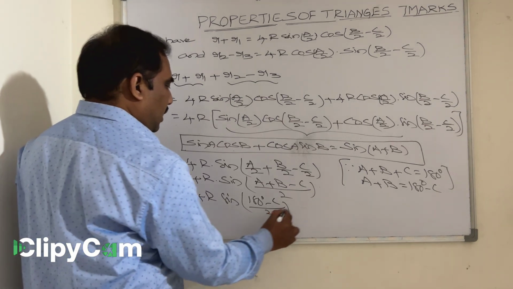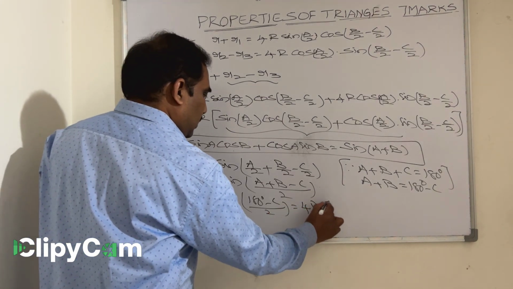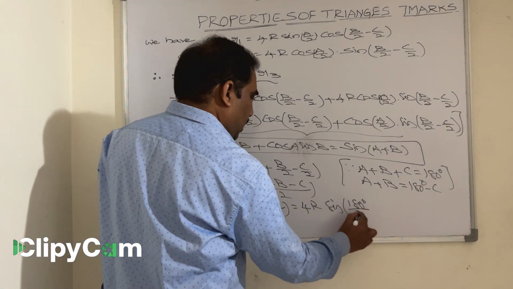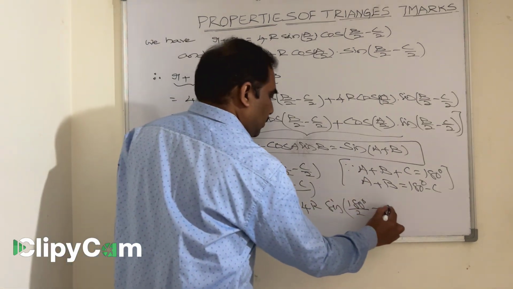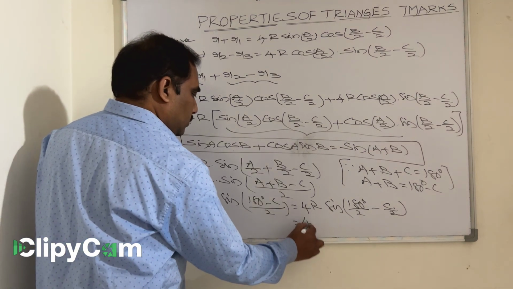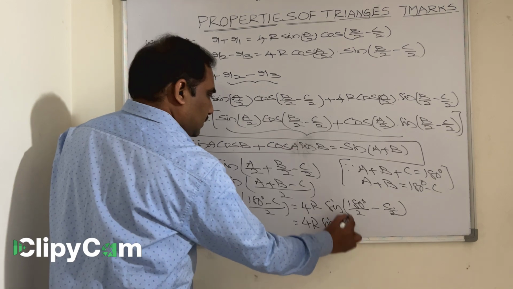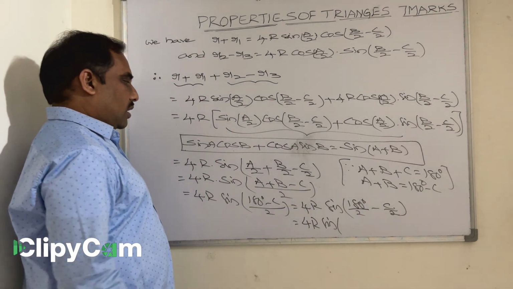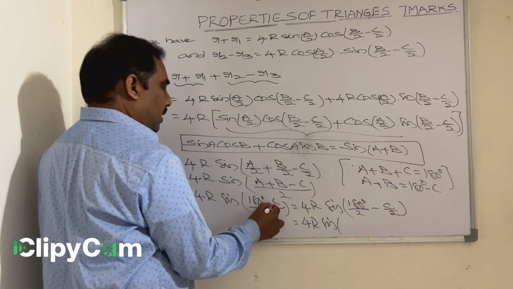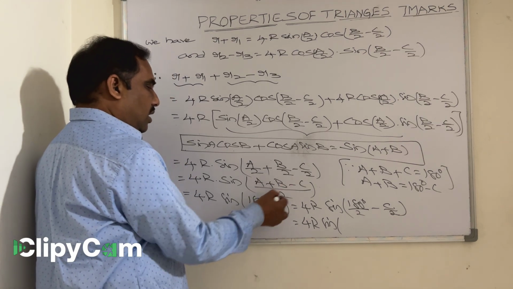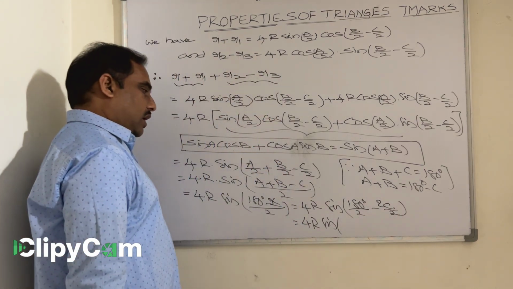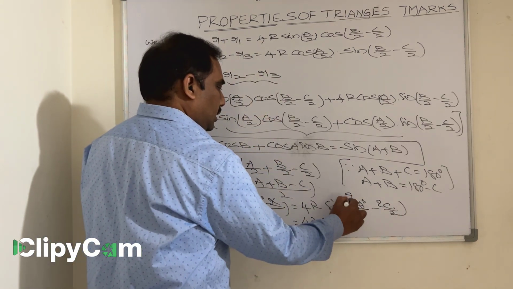So this is sin of (180 minus C) by 2. See, further what we can write, which is equal to 4R sin of (180 minus C by 2), which is nothing but 180 by 2 minus C by 2. So 4R sin, here A plus B is equal to 180 minus C, so it is 180 minus C minus C, that is minus 2C. So here 2 90s we can cancel.